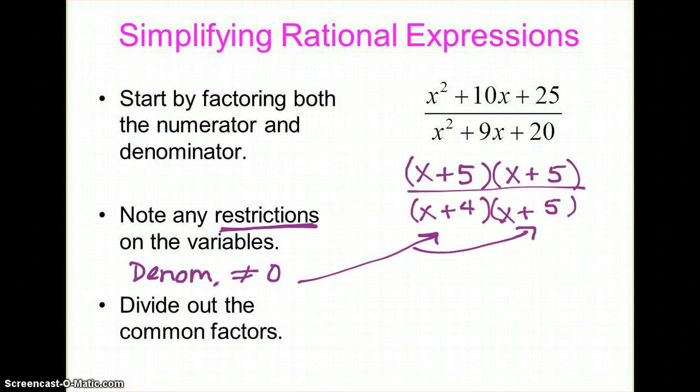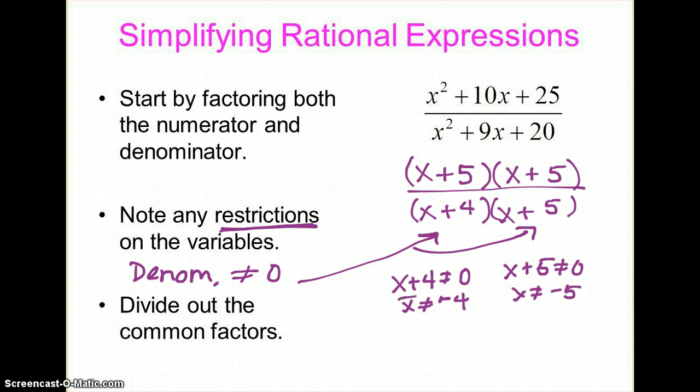To find restrictions, you take each of those factors and say it does not equal 0, so x cannot equal negative 4, and x cannot equal negative 5. Those are my restrictions, and you want to do that with the original problem, not just your finished expression.